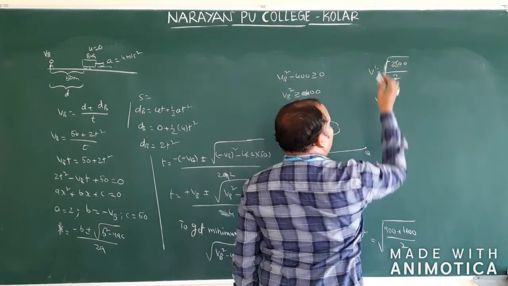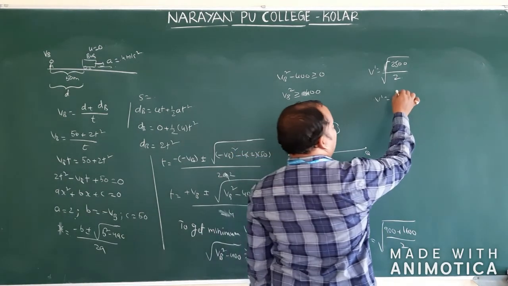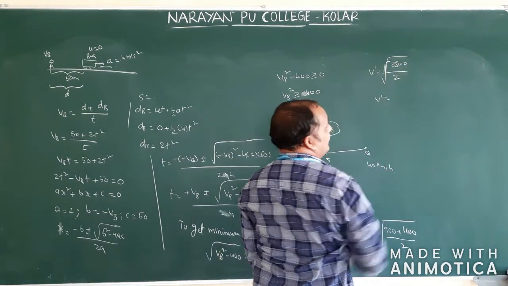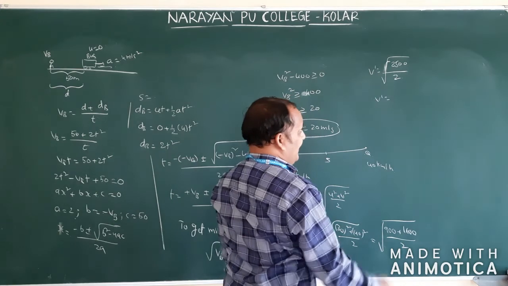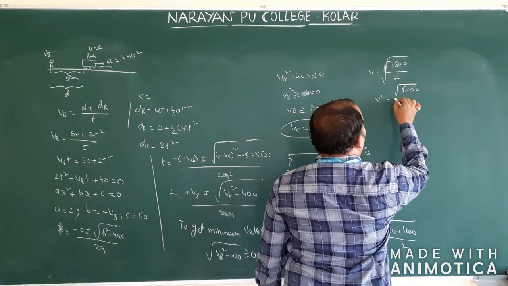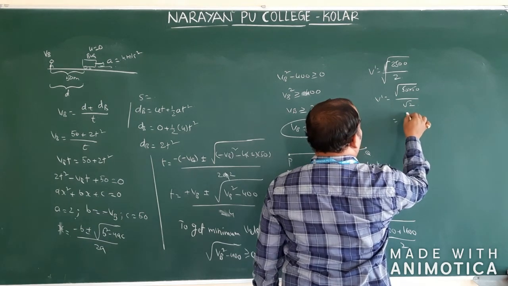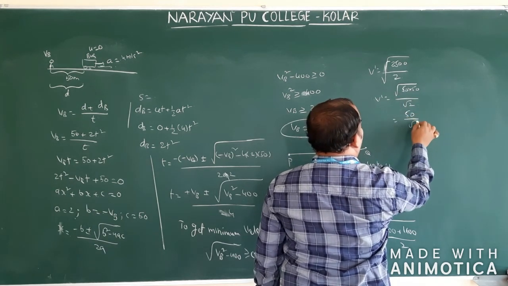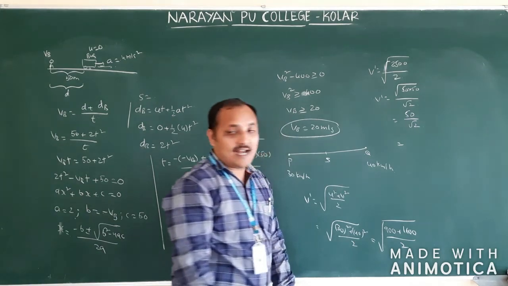Root 2500 you can write as 50 into 50. Therefore, root 50 into 50 by root 2. Therefore, how much do you get? 50 by root 2.